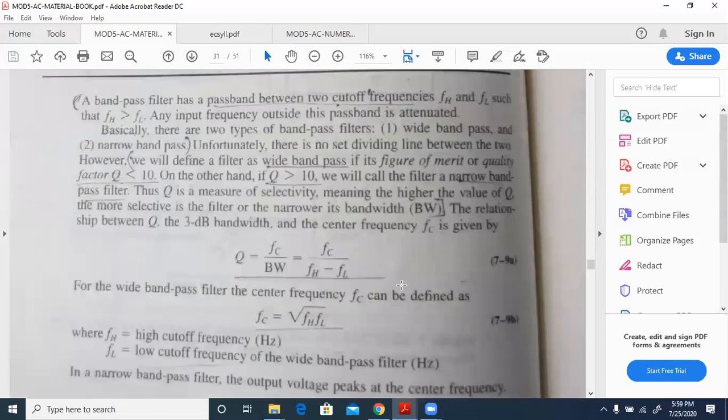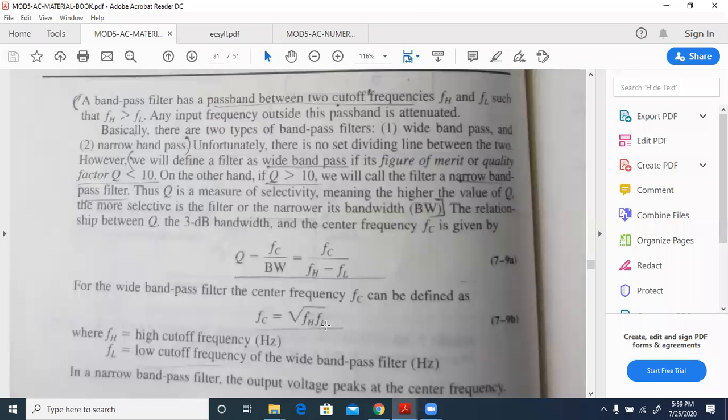Band pass filter. So Q is equal to FC by BW, where FC is the center frequency divided by FH minus FL, right? FC is equal to root of FH into FL. So for the wide band pass, the formula will be this.